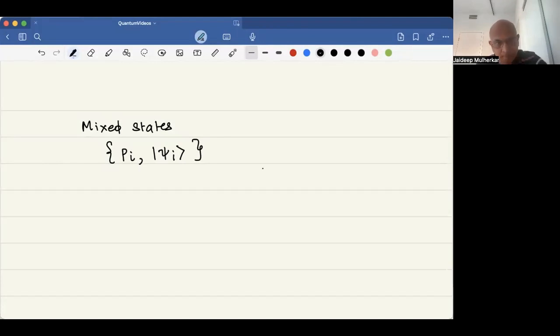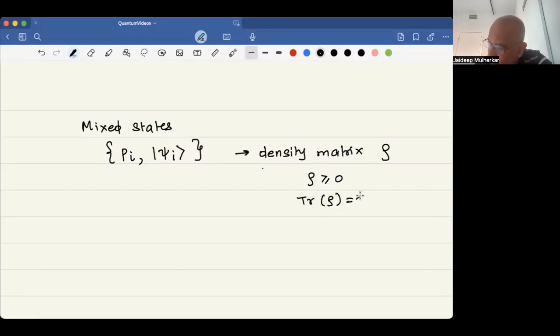Instead of being represented as a vector, mixed states are represented by what is known as a density matrix, and it is usually denoted by the symbol rho, and it is a positive definite matrix with trace 1.